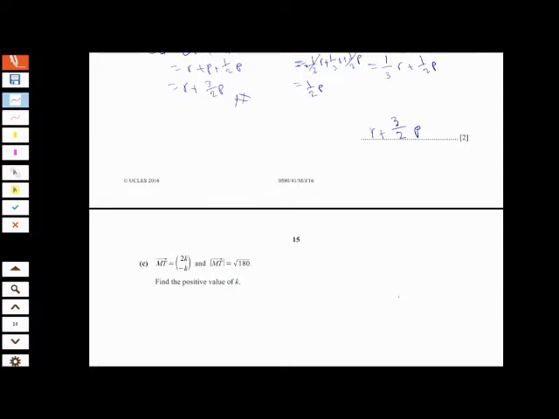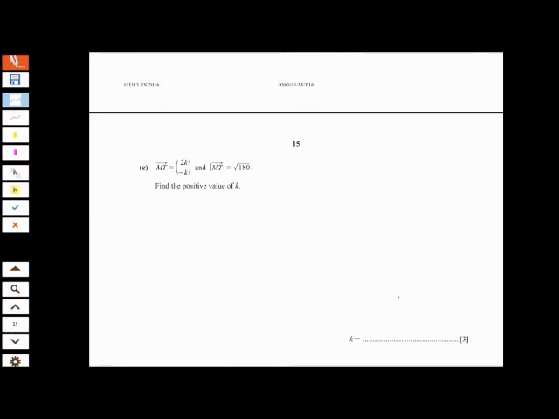And now moving on to question C. MT is 2k i minus k j, and the magnitude of MT equals square root of 180.